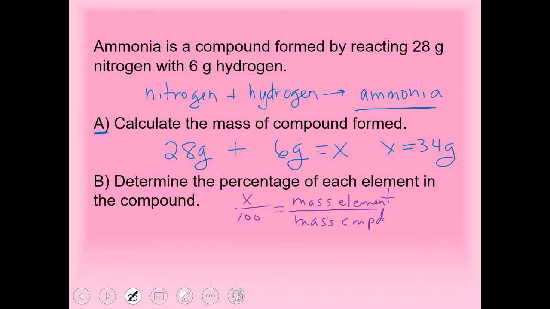Basically we're setting up a ratio and saying, if we have 28 grams out of 34, that's the same as x out of 100. We're going to multiply both sides by 100 to give us a formula that helps us to find this percentage. So this is our formula that we're going to use.